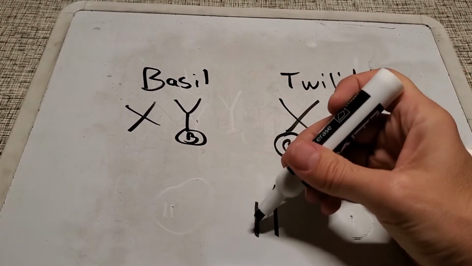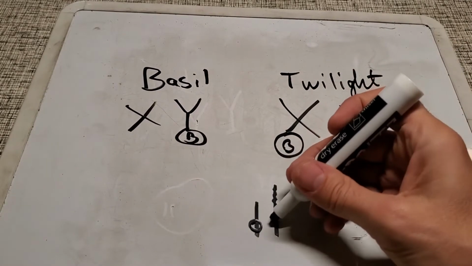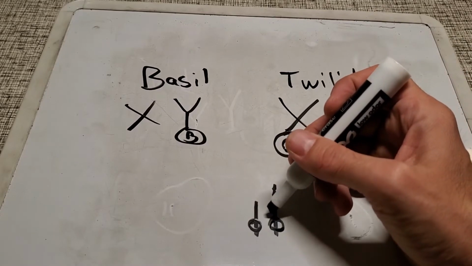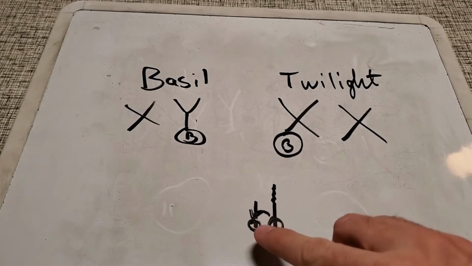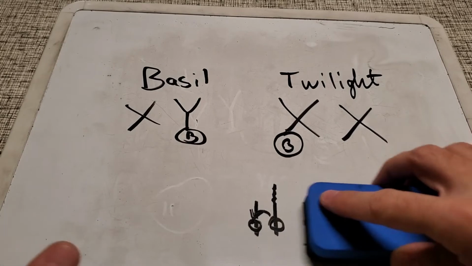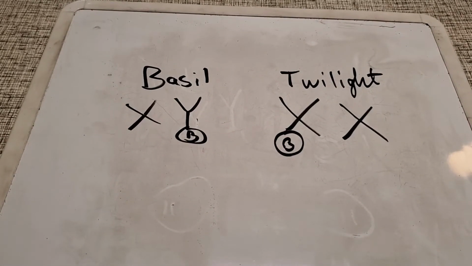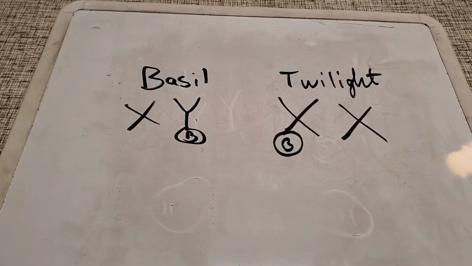If it should happen to occur right here, where this banana gene is, and you've got a male banana, a Y banana, and it jumps over here to the X, then now you've got an X that came from your male maker banana that's carrying the banana trait. That is so rare that it's pretty much negligible. But if I didn't mention it, somebody would point it out. That's why that happens. Okay, back to Basil and Twilight.